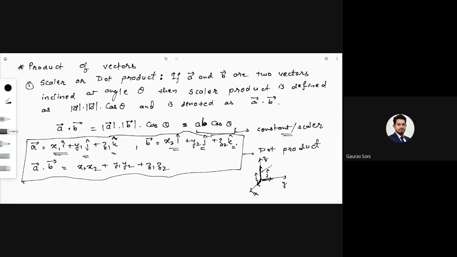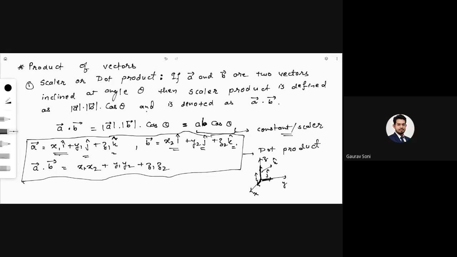And you have this k cap as unit vector in direction of z-axis. So Dhruv, can you tell me the angle between i and j? 90. J and k? 90. So all of them have 90 degrees.